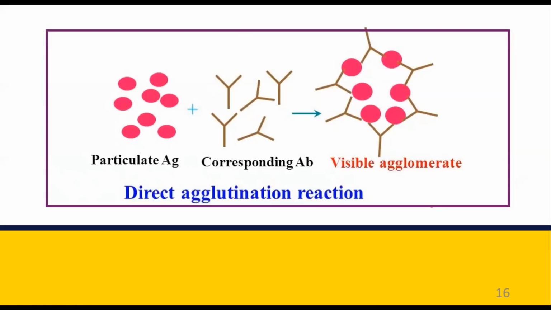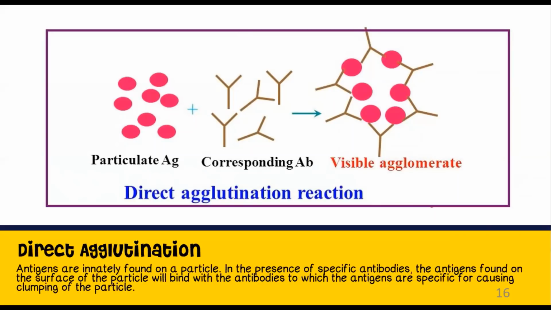It is called direct agglutination because the antigens are innately or naturally found on a particle. In the presence of specific antibodies, the antigens which are naturally found on the surface of the particle will bind with the antibodies to which these antigens are specific for, causing a clumping of the particle. Again, the antigens here are naturally found on the surface of the particle.